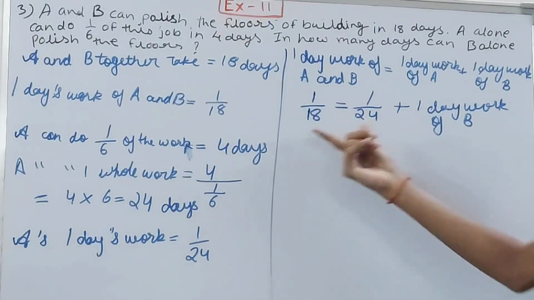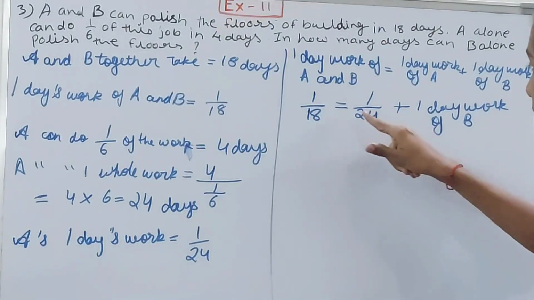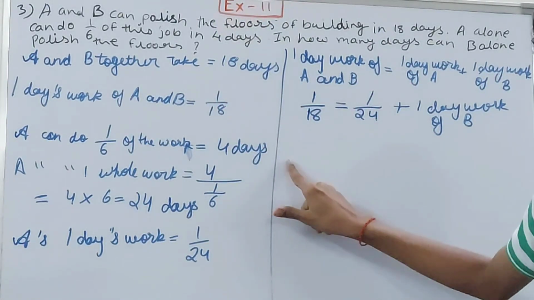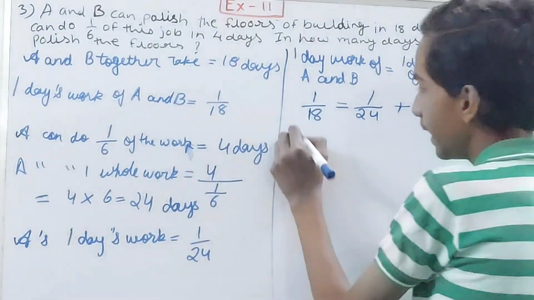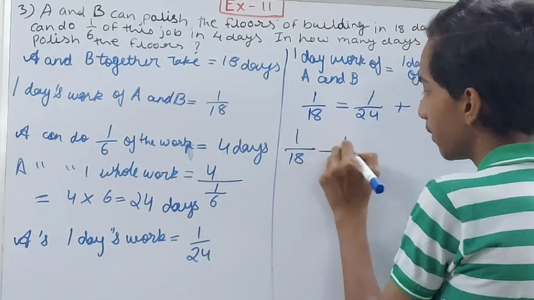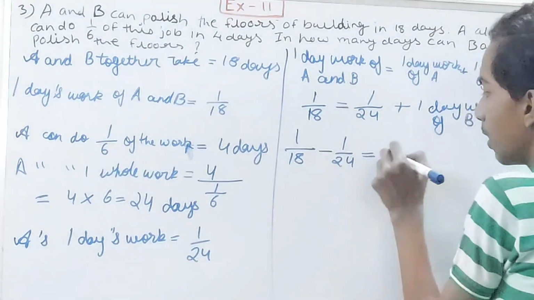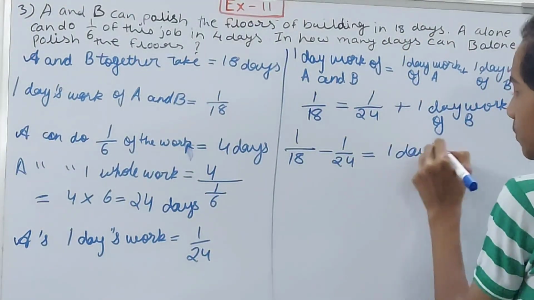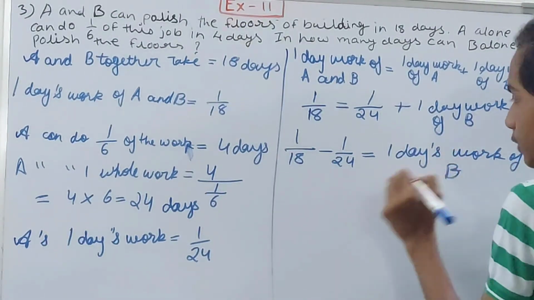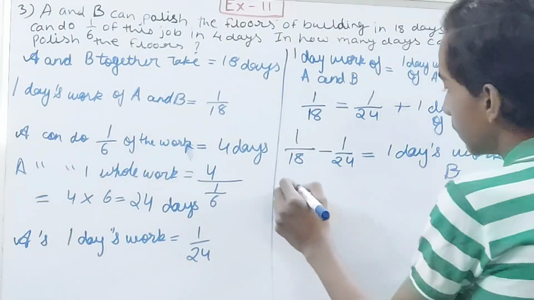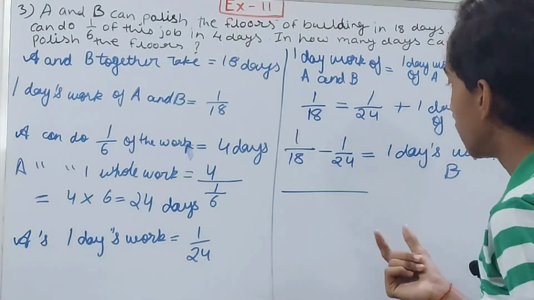Now what I can do next is take this 1 by 24 to the left hand side, and it will subtract. So 1 by 18 minus 1 by 24 is equal to 1 day's work of B. See, 18 and 24, what will their LCM be?